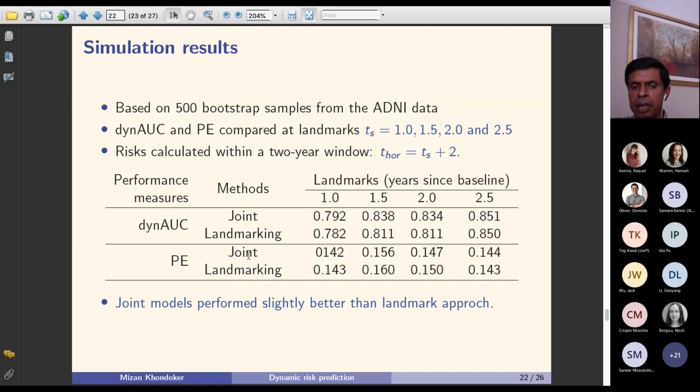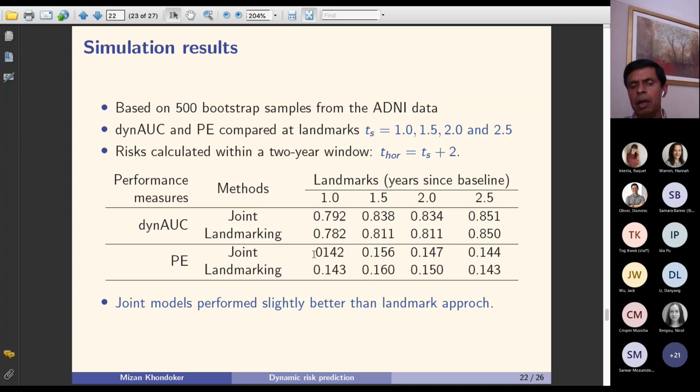And for the prediction error, smaller is better. There would be a decimal point here. I forgot, this is a typo. So you can see that again, the joint model has done slightly better, except for the last landmark point.